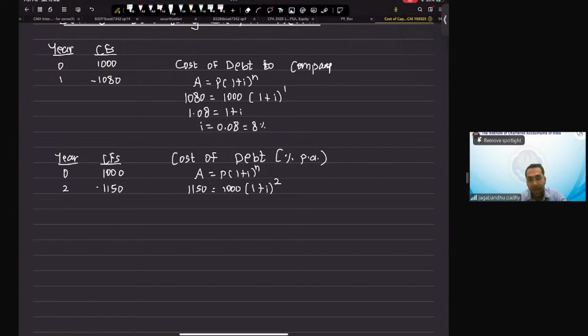Now solve this to get the value of I. It will be 1.15 is equal to 1 plus I raised to 2, which means 1.15 raised to half is 1 plus I. So I will be 1.0724, that's 0.0724, which is nothing but 7.24%. Cost of debt, 7.24%. Are we all getting this?